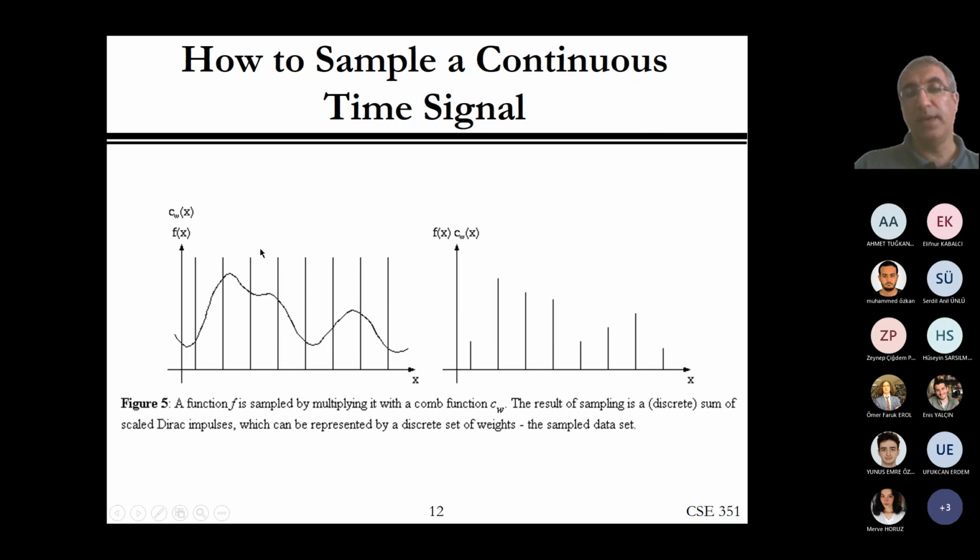And in time domain, remember guys, we have this signal, which is a voice, video, image, or text, or data, or a temperature of Gebze for a week. And we need to sample this. And in order to sample this signal, we multiply with the pulse train in time domain.